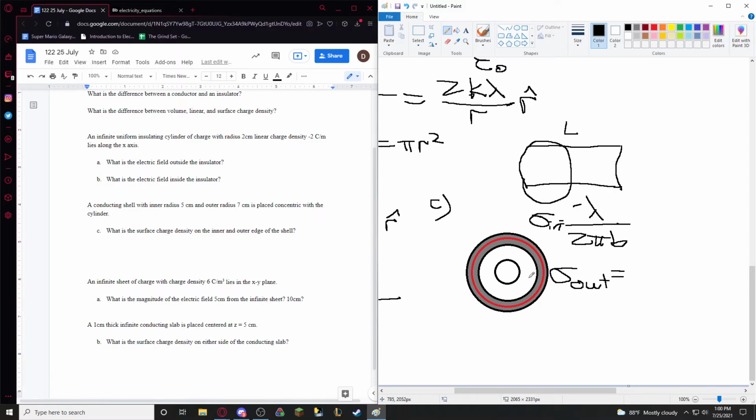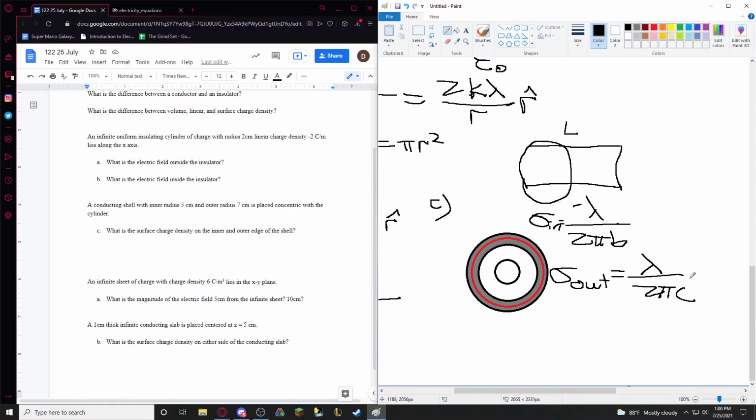The L's get canceled out. In this case, it'd be C because it's the outer radius. But yeah, you got the right idea. It should be the same, just a different sign. Exactly. It's going to be positive lambda, which is negative, over 2 pi C. Boom. That's how we get our surface charge densities.